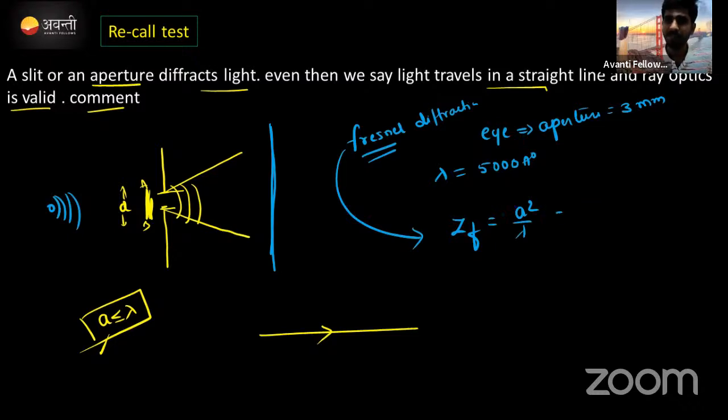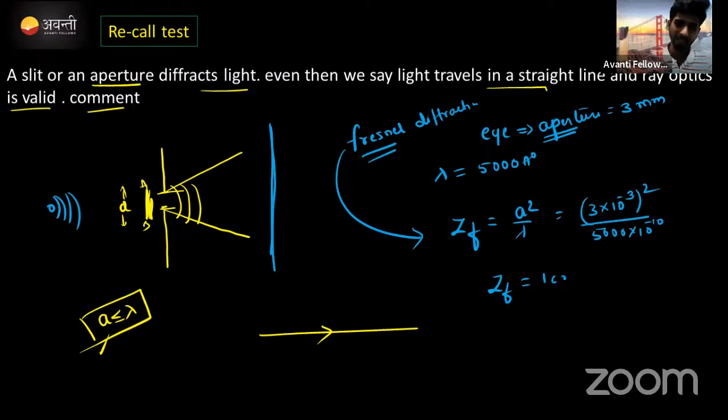A square means the aperture value, 3 into 10 to the power of minus 3 millimeter, whole squared, milli meaning 10 to the power of minus 3, divided by lambda, 5000 angstrom, which is 5 into 10 to the power of minus 10. After solving this, you will get the Fresnel distance as 18 meter. I already solved this, that's why I'm writing it. 18 meter is very near.